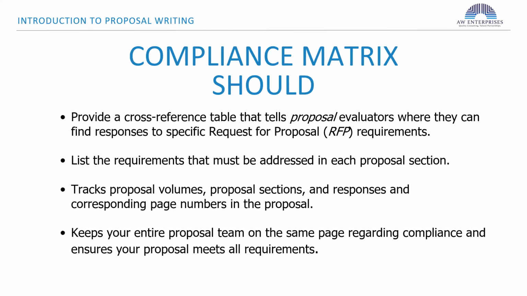It also tracks proposal volumes, proposal sections, responses, and corresponding page numbers in the proposal. This is where you can find the answer to Section A, and you keep going on and on until you answer the mail for each requirement. Okay, it keeps your entire proposal team on the same page regarding compliance and ensures your proposal meets all requirements. Okay.